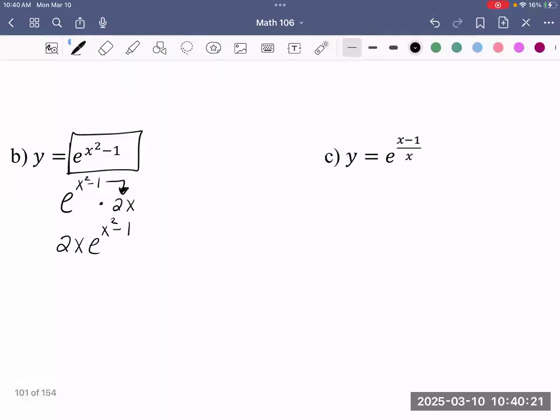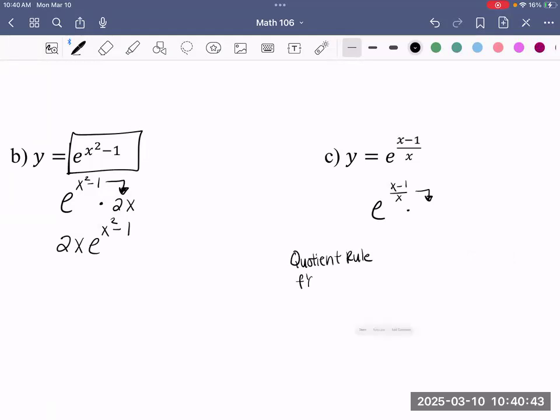Now this one, if we were to first do the chain rule, we take the derivative of e, that is itself. And now when we go to derive, we are going to multiply by the derivative of this one. We might want to use that quotient rule.